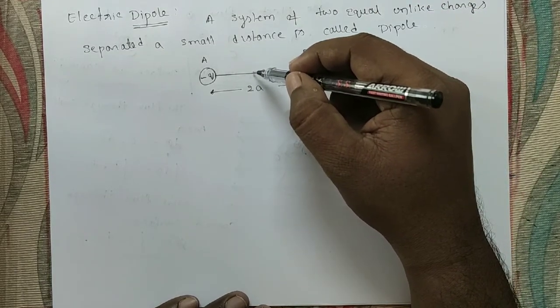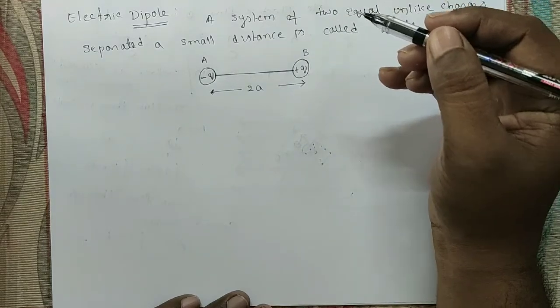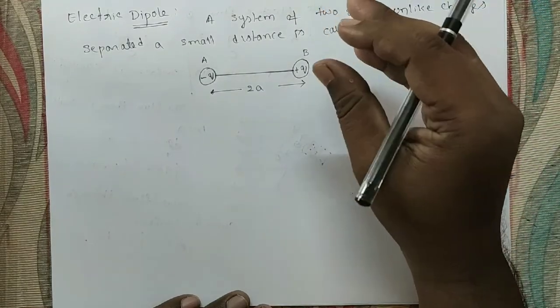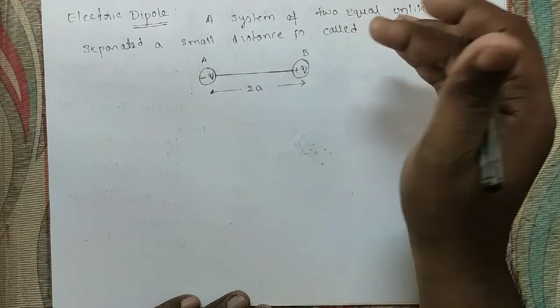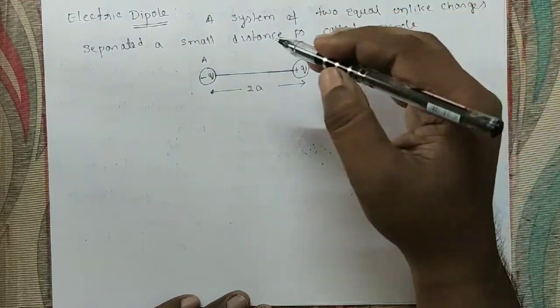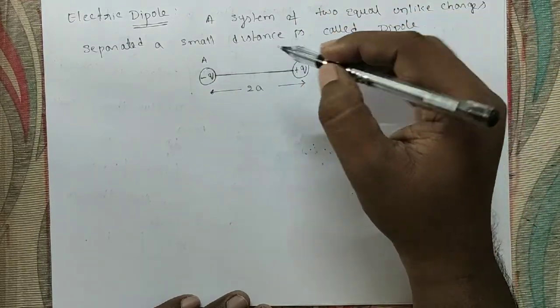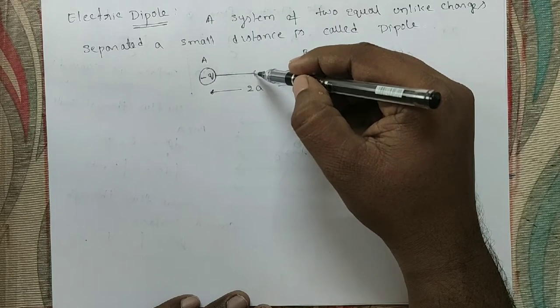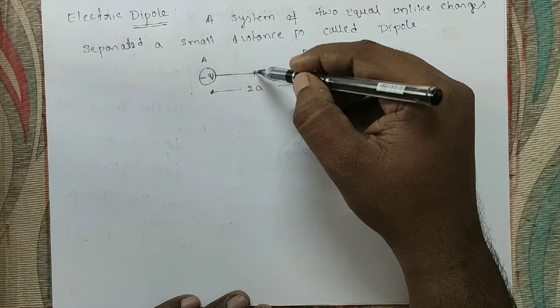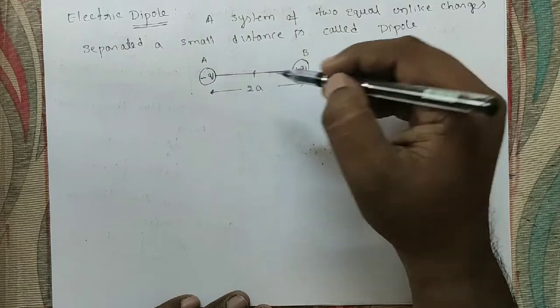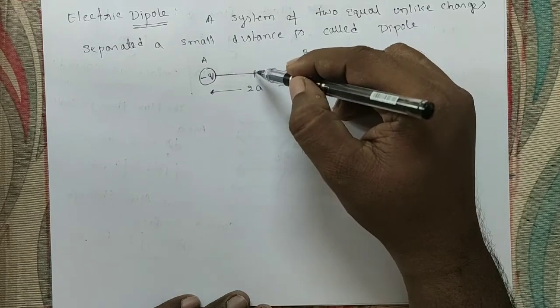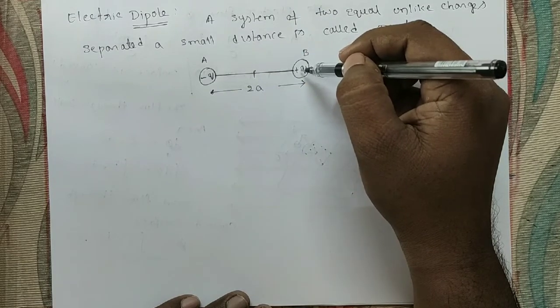2A in the sense, if you want to find the field of this dipole, we should not measure the distance from either A or B. We will be measuring from the center of the dipole. If you take the total as A, then from the center to the charge is A by 2.